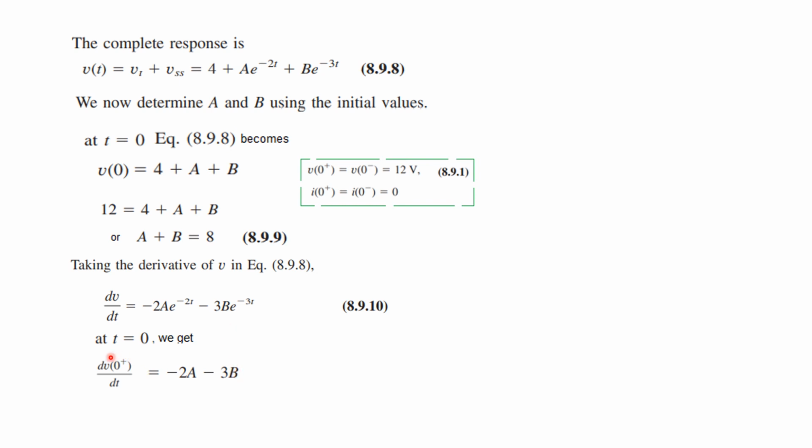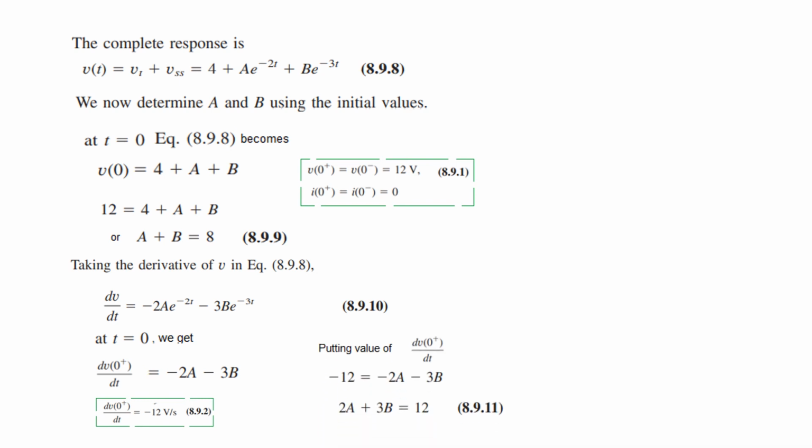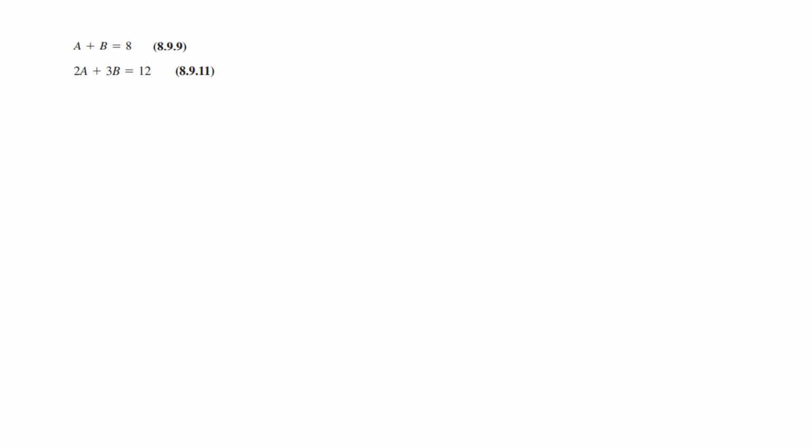Now remember, we had also calculated this value in the first step, or second step, I guess. So this we had found to be minus 12 volts per second. So we'll plug in that value here. So putting in that value, we get the second equation, which is 2A plus 3B is equal to 12. And now we'll solve. So these were the two equations that we got.